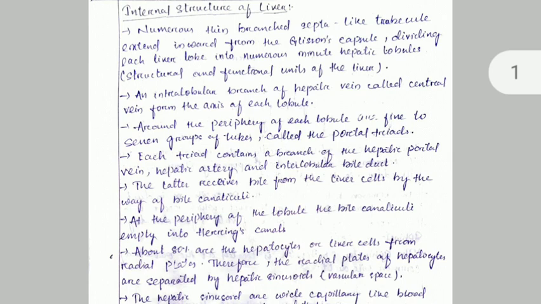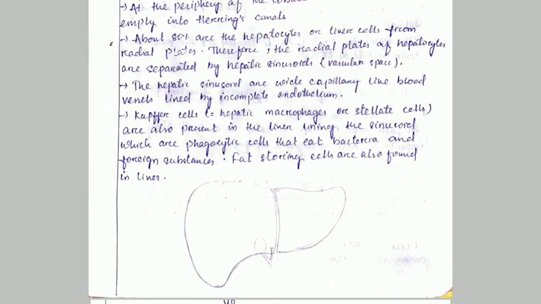At the periphery of the lobule, the bile canaliculi empty into Hering's canals. About 80% of the hepatocytes or liver cells form the radial plates. Therefore, the radial plates of hepatocytes are separated by the hepatic sinusoids, that is vascular space sinusoids.